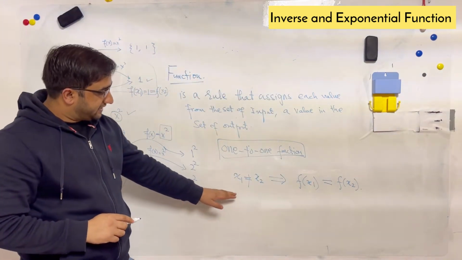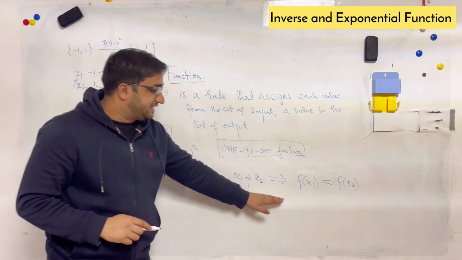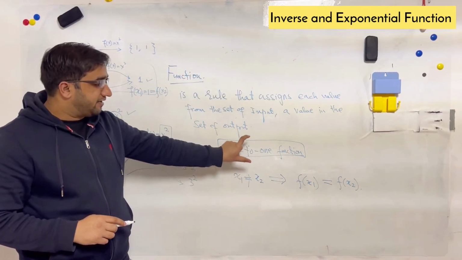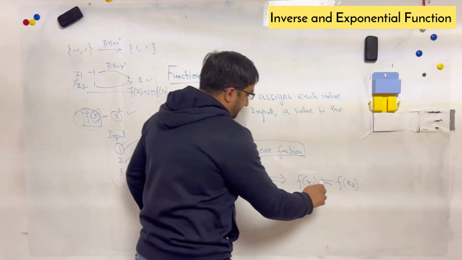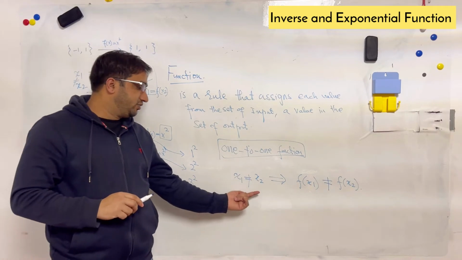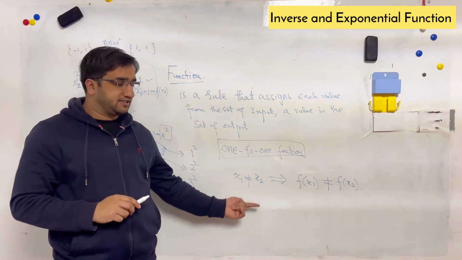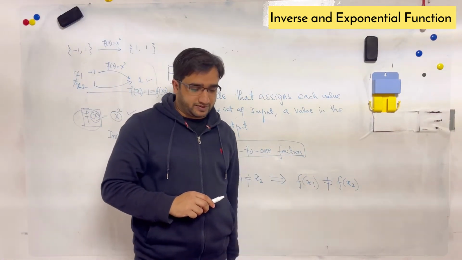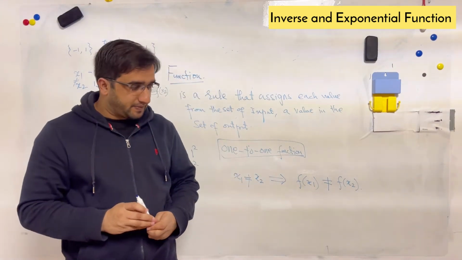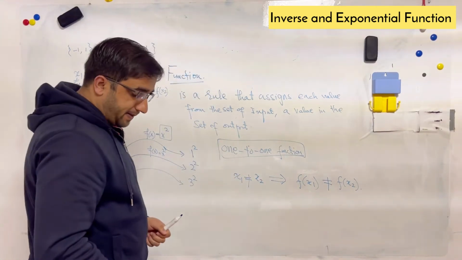If a function is following this criteria, then it is not a one-to-one function. A function is a one-to-one function if whenever you put two different values into the function, you get two different outputs. Is that clear? Yes.